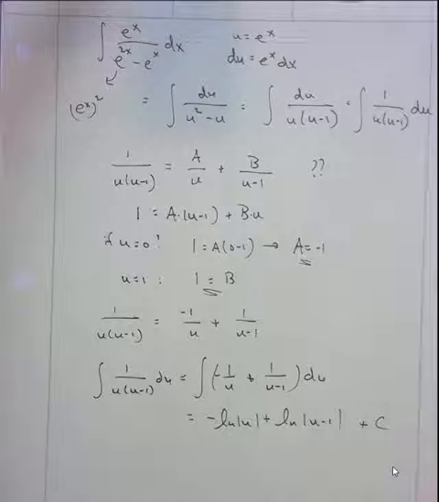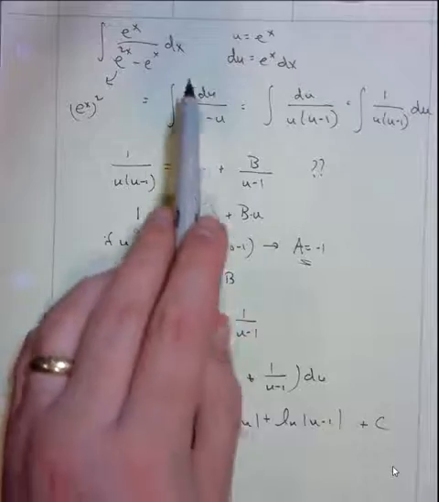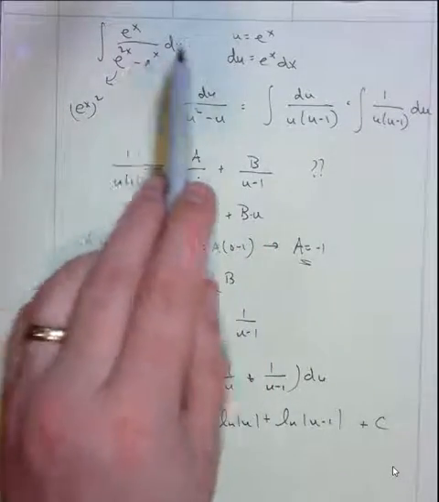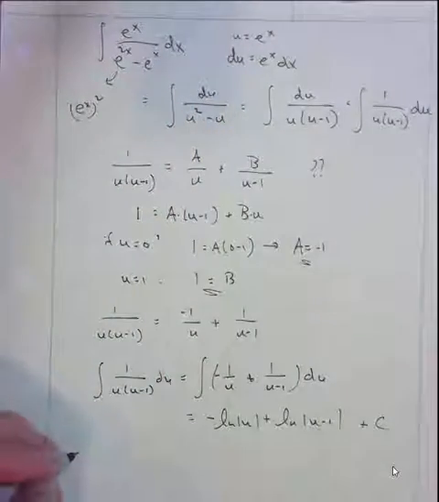And then, don't stop, because remember, the original integral was not presented in terms of u, it was presented in terms of e to the x. And so let's put it all back together again.